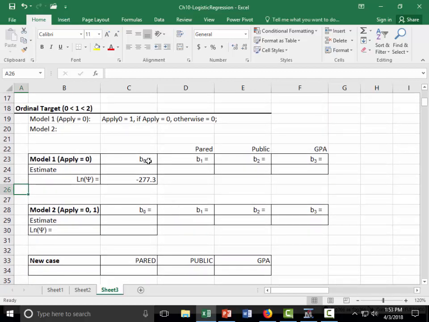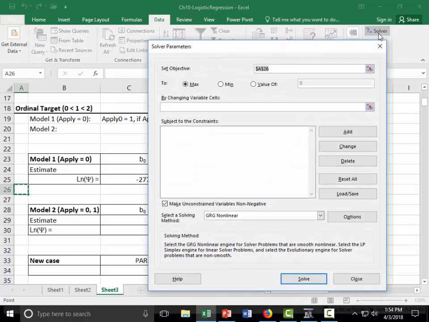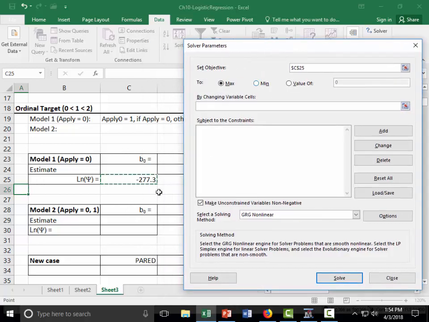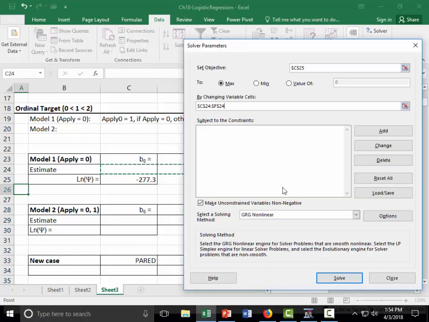right? So then we run solver, we want to maximize that, changing cells of these 4 cells, intercept and slope coefficients, right? And then we need to uncheck that. Okay.